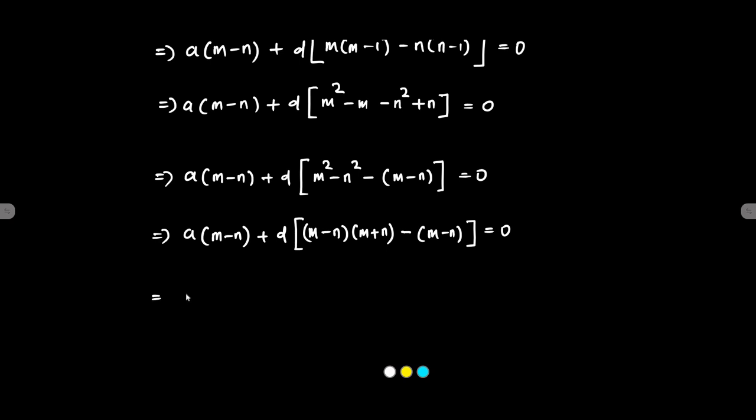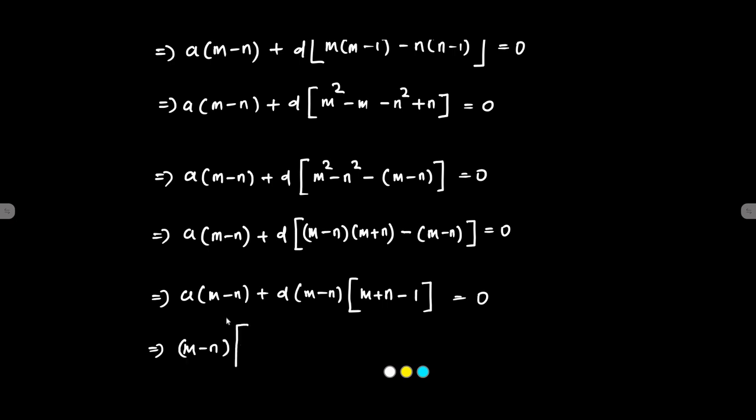So that implies A into m minus n plus D into m minus n, taking m minus n common, we have m plus n minus 1. This equals 0. That implies m minus n, taking m minus n common, we have A plus D into m plus n minus 1.